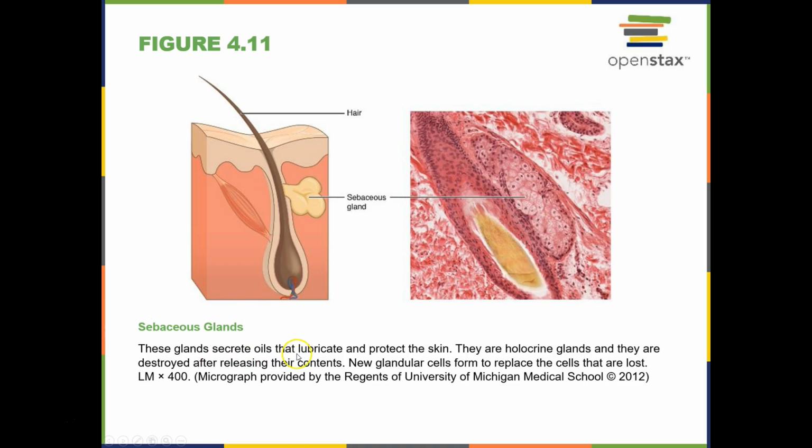So here's an example of a holocrine producing gland. This is a sebaceous gland, which secretes directly into the hair follicle. Oil glands are sebaceous glands, and they secrete their oils into the hair follicle, and the oil actually helps to protect the hair and the skin.